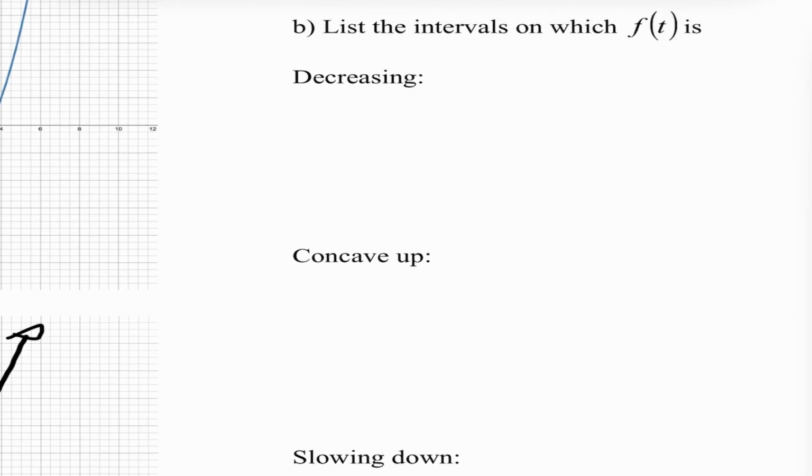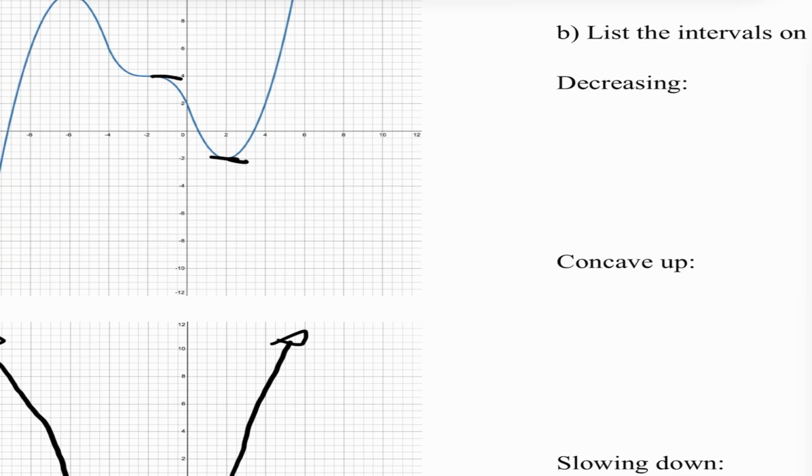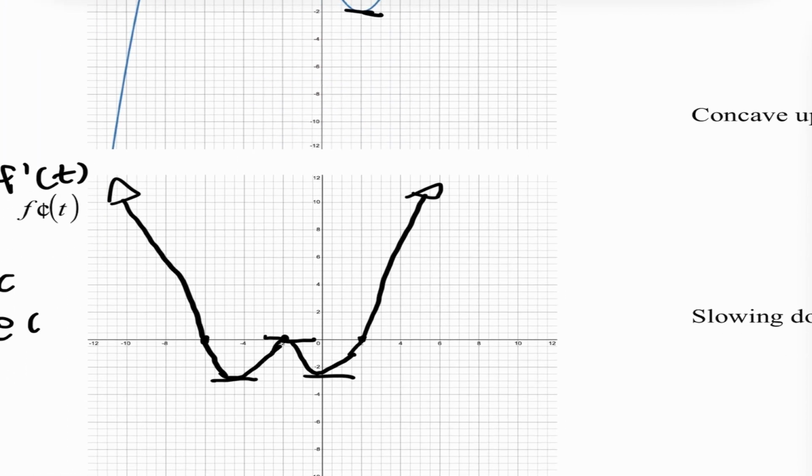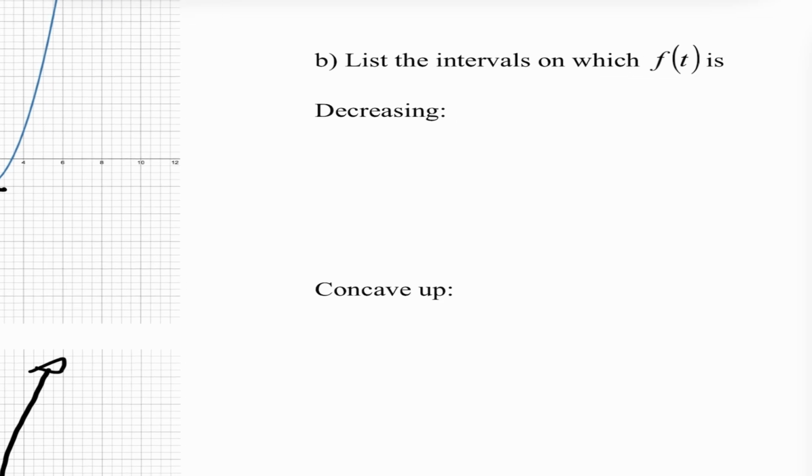Let's start with our first one. It asks for decreasing, so let's look at our f'(t) graph. We can see that it's decreasing from -6 to -2 and -2 to 2. So let's write that out.